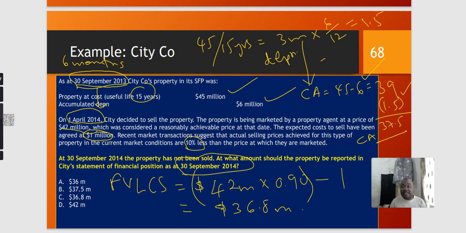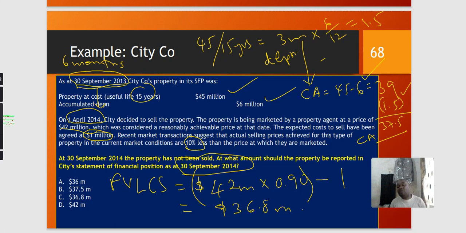So this item at the end of the year was not sold. But remember, we can't charge depreciation for this asset. Why? Because we classified this asset in April 2014 as being held for sale. So we are not expected to charge any depreciation on that particular asset.